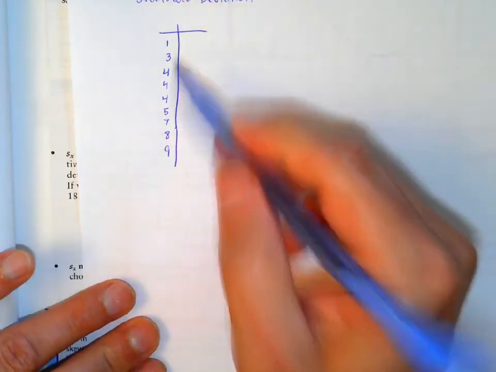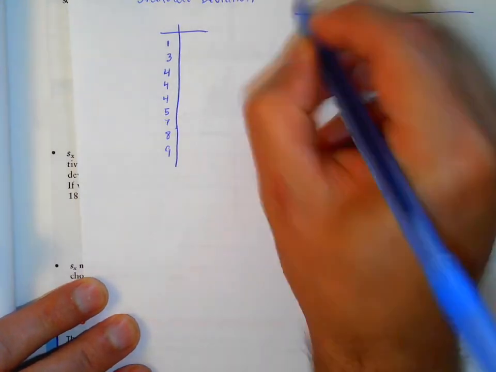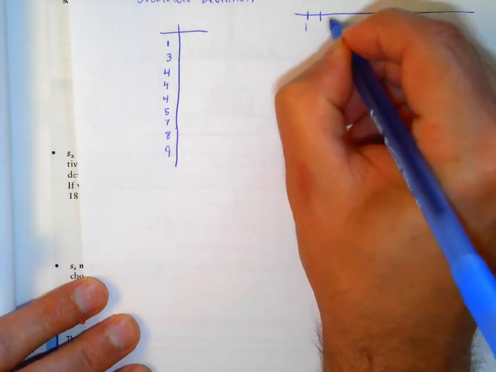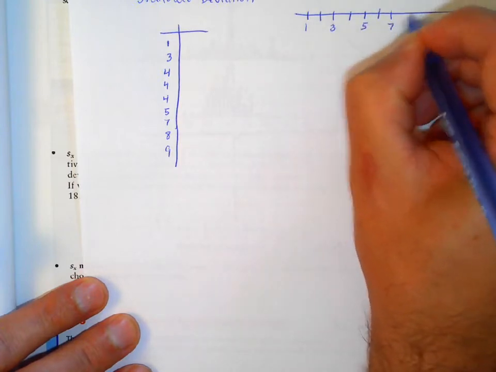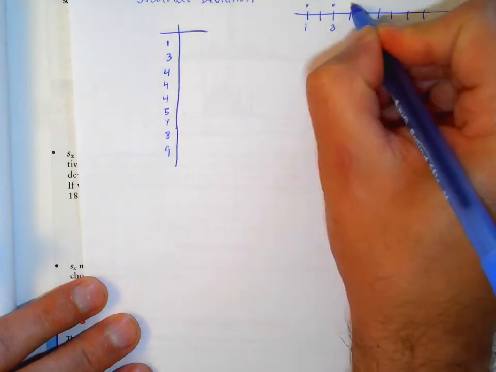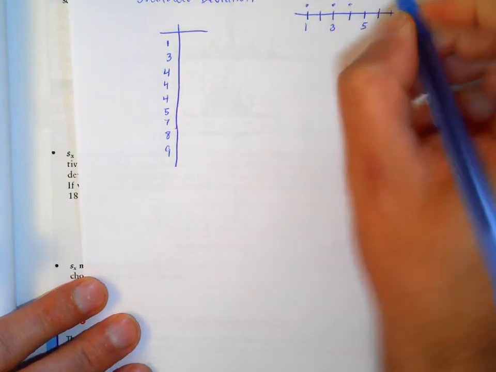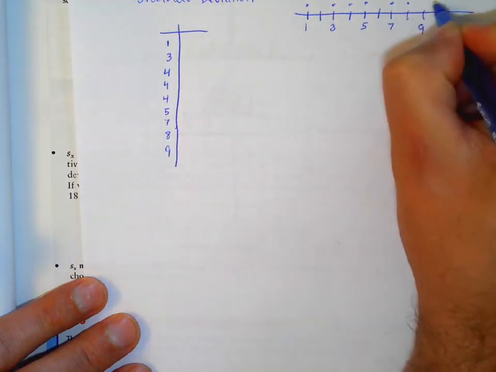Okay, so that's my data set. That's a sample that's being collected. If you think about those numbers on a number line, we have 1, 3, 4, 4, 4, 5, 7, 8, and 9.